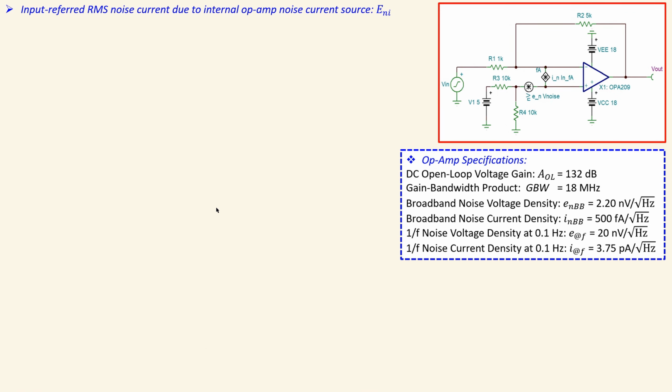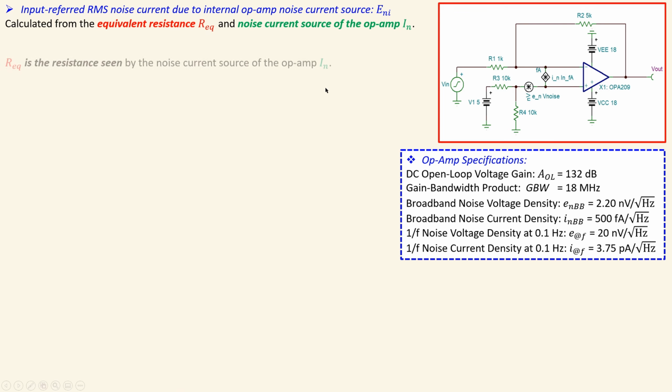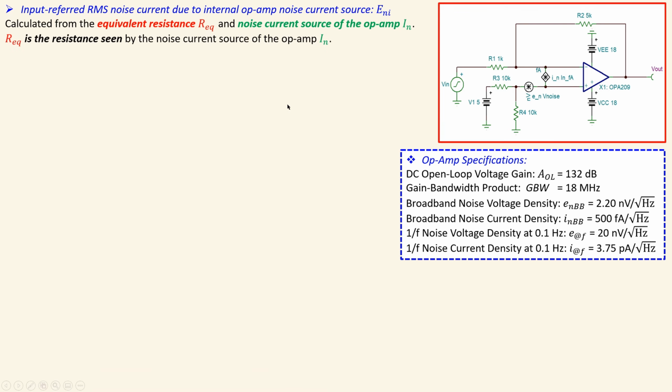Let's look at the next one, which is the input referred RMS noise voltage due to the internal op-amp noise current. That is due to this part of the circuit. For that one, you need to calculate the equivalent resistance seen by the noise current source of the op-amp, which is IN in this case, with RMS value.